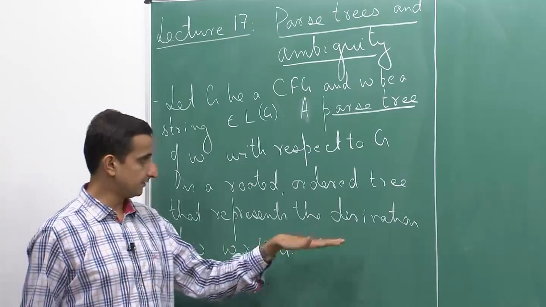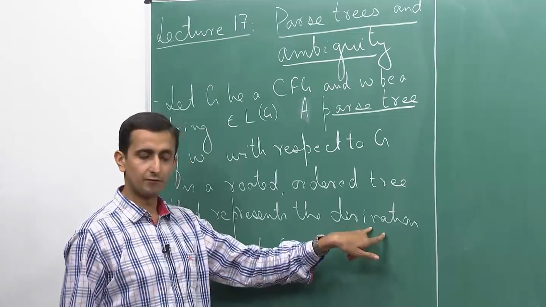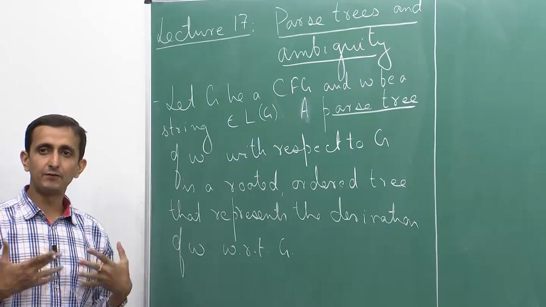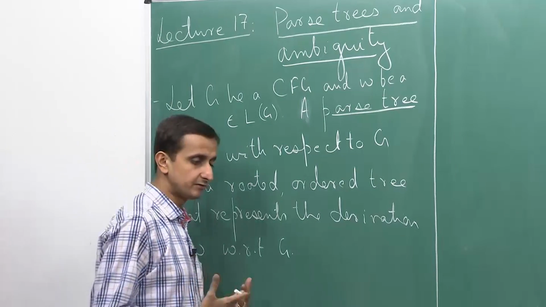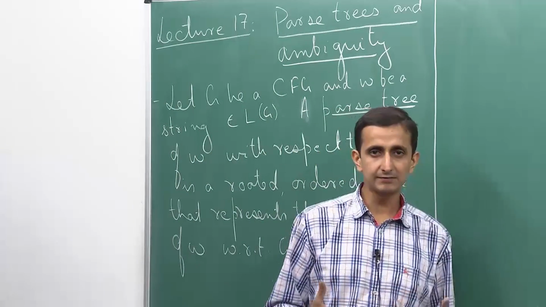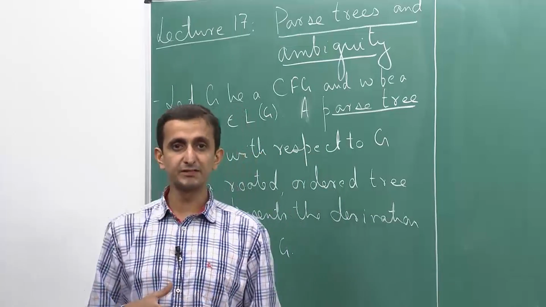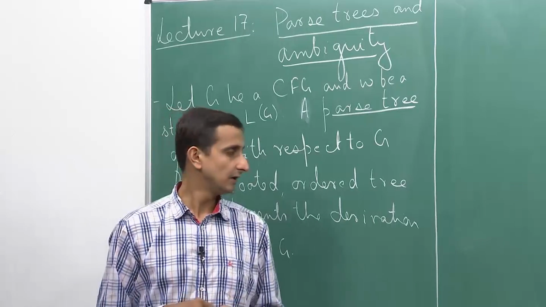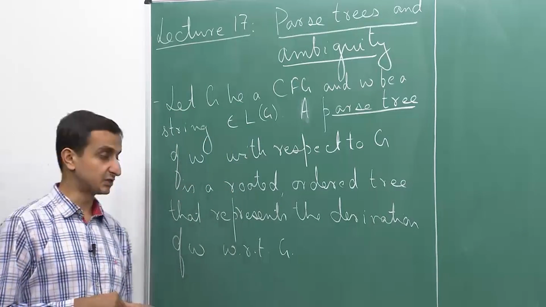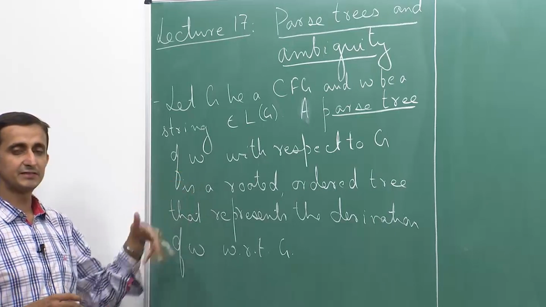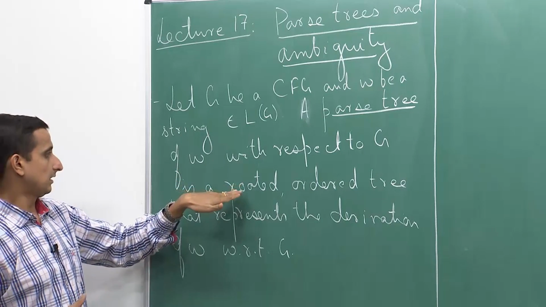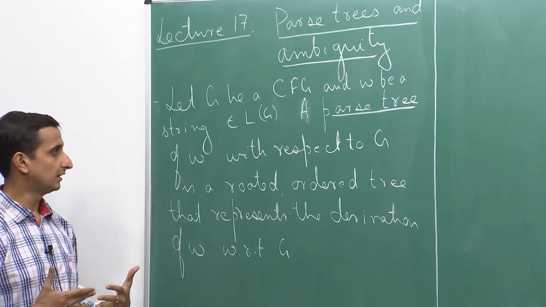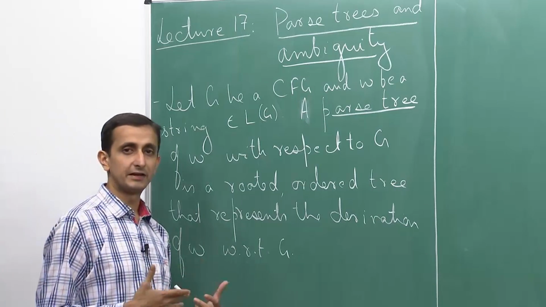I haven't formally defined what we mean by derivation, and I am going to do that very soon. But basically, when we derive a string from a grammar, it happens via a sequence of substitutions. We substitute a variable with one of its production rules, and that is how we derive a string. A parse tree is a visual representation of how this derivation takes place.